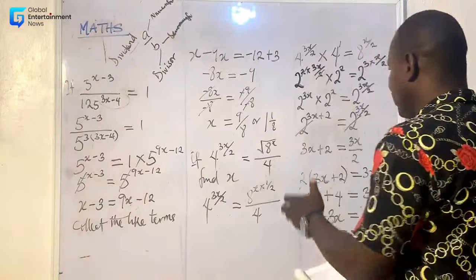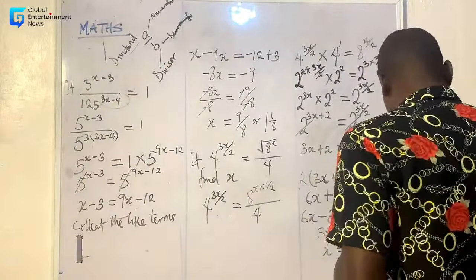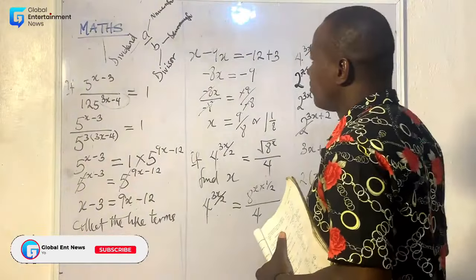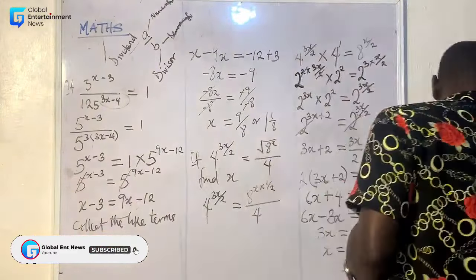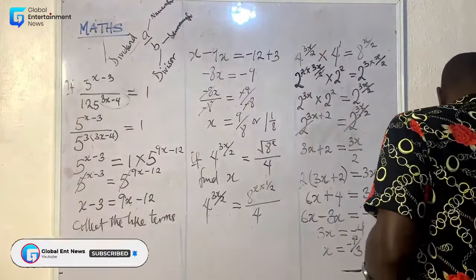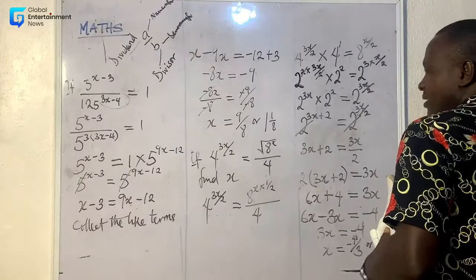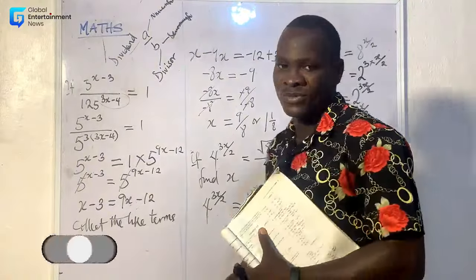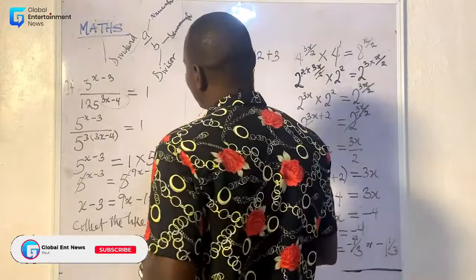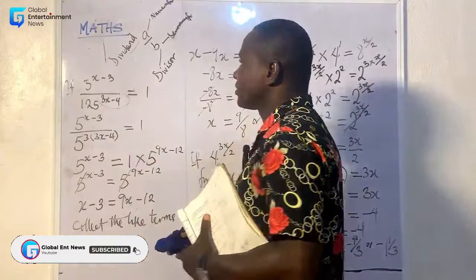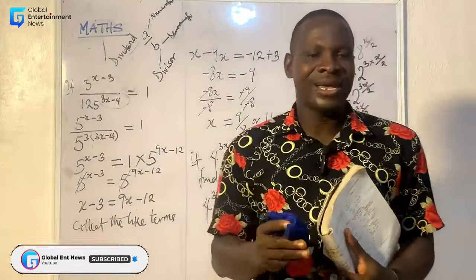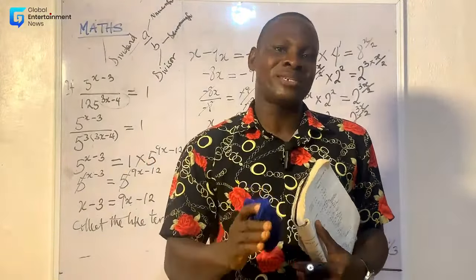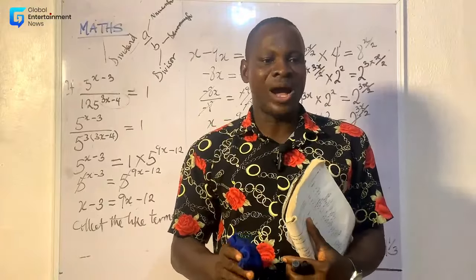Okay, quickly. Okay, now today we are moving to another topic. We move to another topic, and the topic is logarithm. Logarithm, that is a topic. And I want you to know something, that indices and logarithm, they go pari passu. That means they go hand in hand.